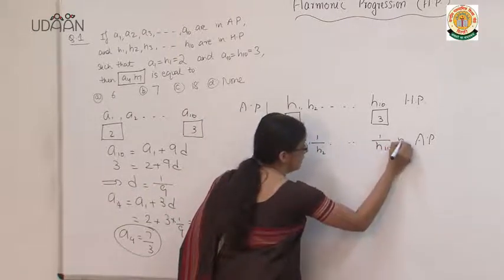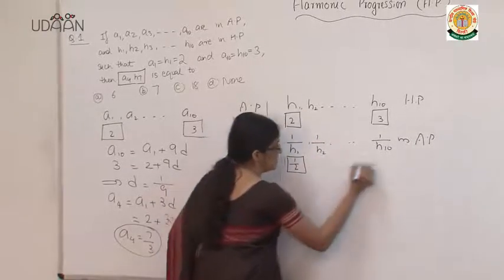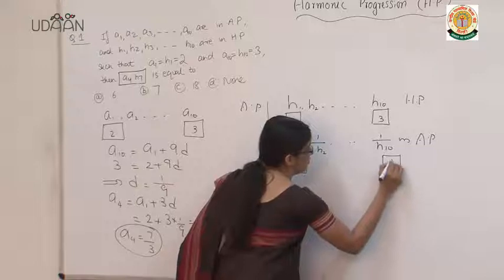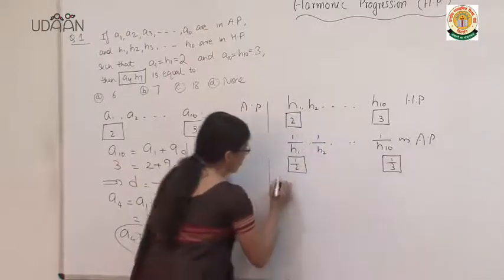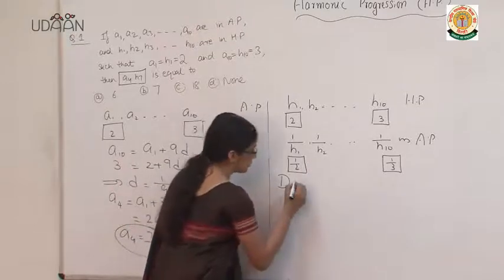They are in arithmetic progression, and here I write its value to be 1 by 2 and this is 1 by 3. Let capital D be the common difference of this progression.